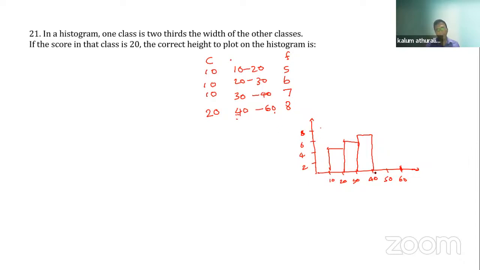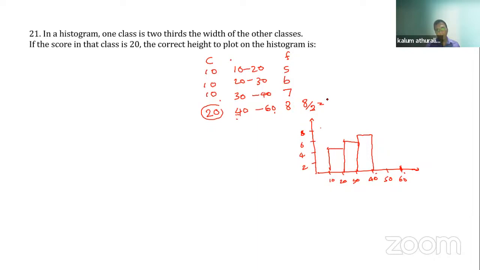Then here is 40 to 60. This class width is 2 times the other classes. In that situation, this value should be divided by 2, because this class width is 2 times the other class width.